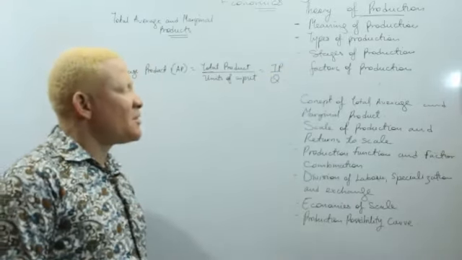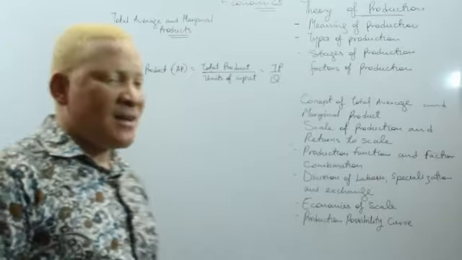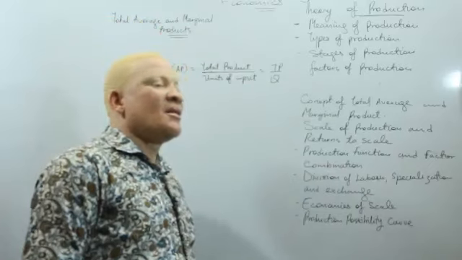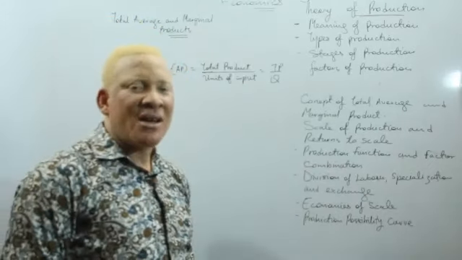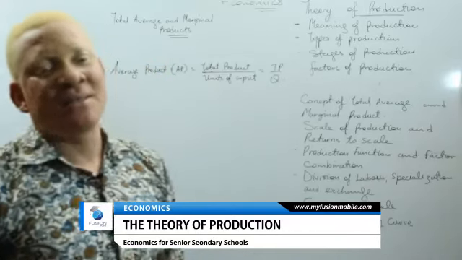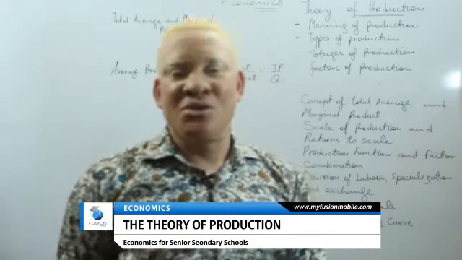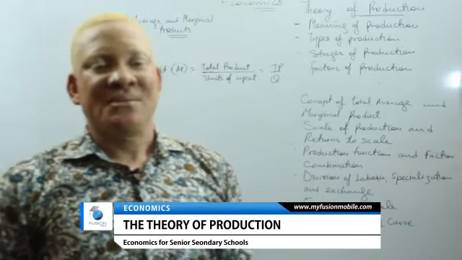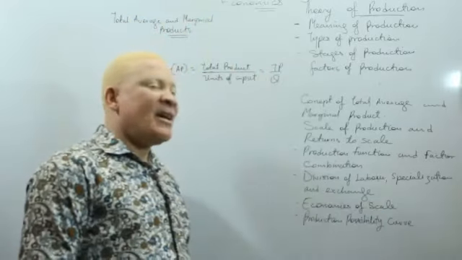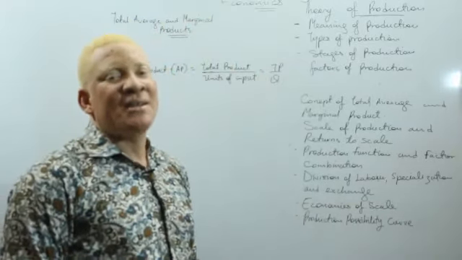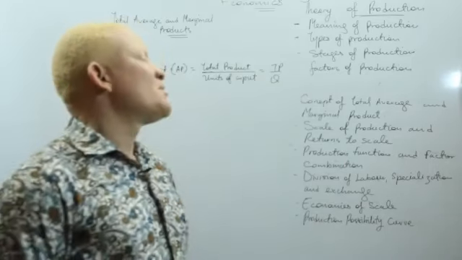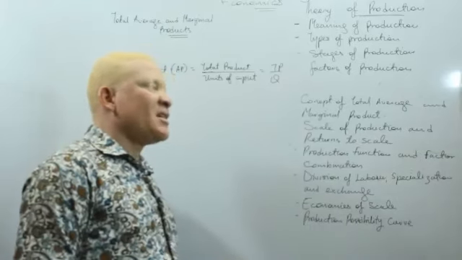On the other hand, the third one, which is the marginal product. Marginal product refers to the extra or additional output generated by an additional input introduced into the production process. That is, the extra unit of output produced by the introduction of an extra unit of input. That is what we refer to as marginal product.